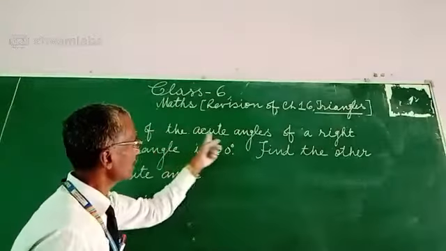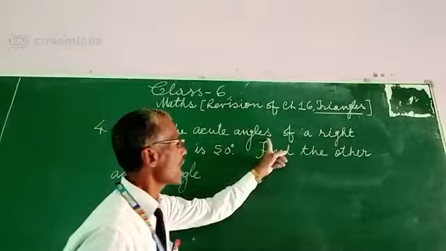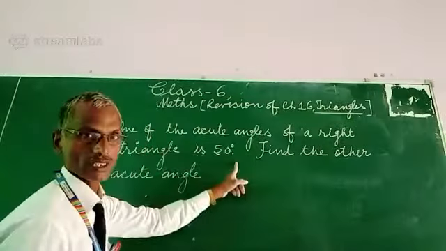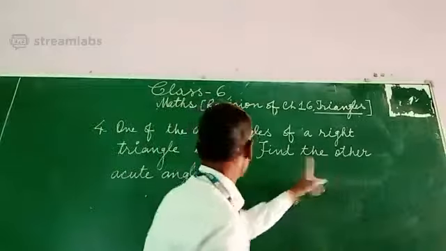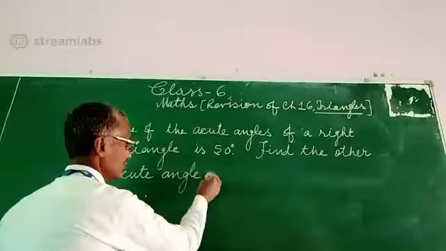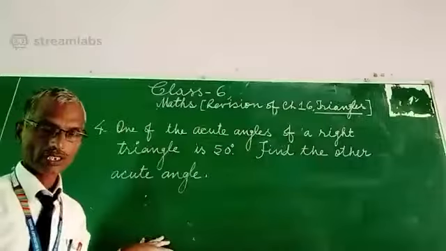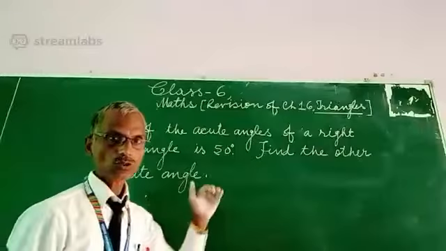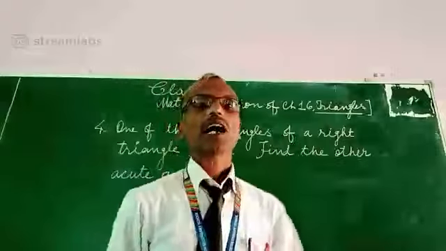One of the acute angles of a right-angled triangle is 50 degrees. You have to find the other acute angle. Can you tell me? If you are able to solve, please solve it and give me the answer.